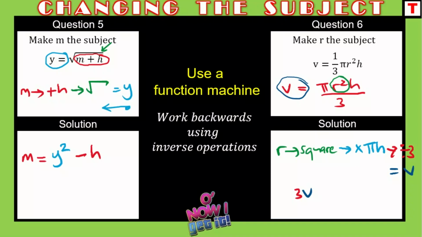And then the inverse of multiplying by pi h would be to divide by pi h. And then the inverse of squaring would be to take the square root. So now we're going to be taking the square root of everything here. And this is now going to give us the value of r. So this would be equal to r.